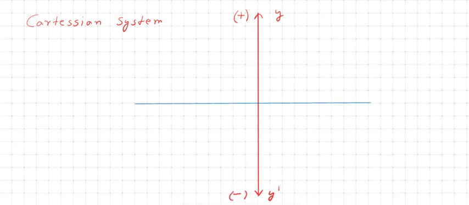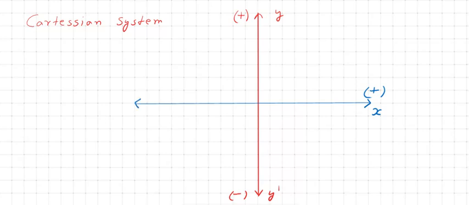It is generally represented by y dash in the downward direction. In the same way, the horizontal line is called the x-axis and it is represented by x. It is positive in the right direction.